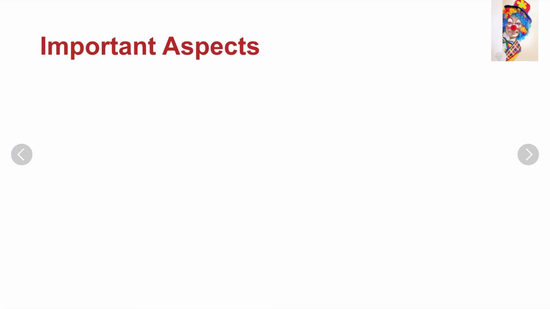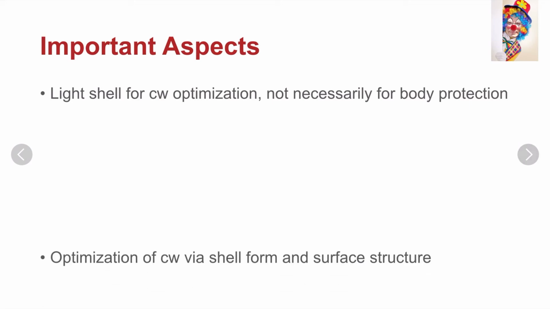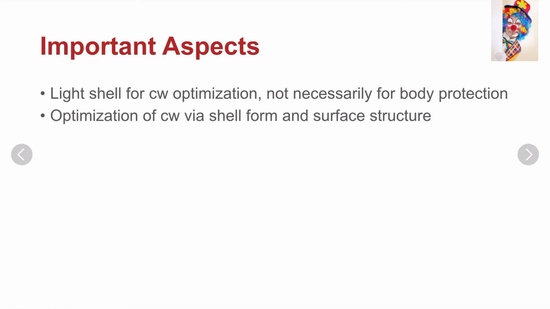Let's come to an end. What are the important aspects here? What we need is a very light shell for the optimization of the drag coefficient, not necessarily for body protection. This can maybe be done inside the vehicle. And we need an optimization of the drag coefficient, maybe not only via the shell form, maybe also via the surface structure of this shell.